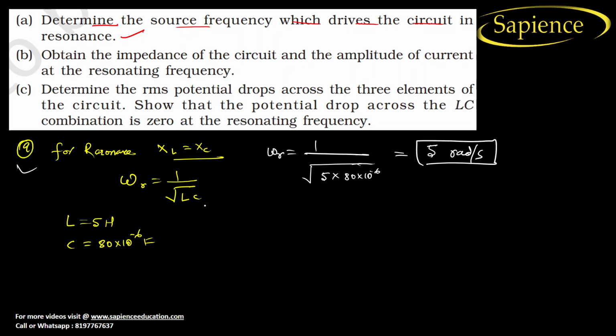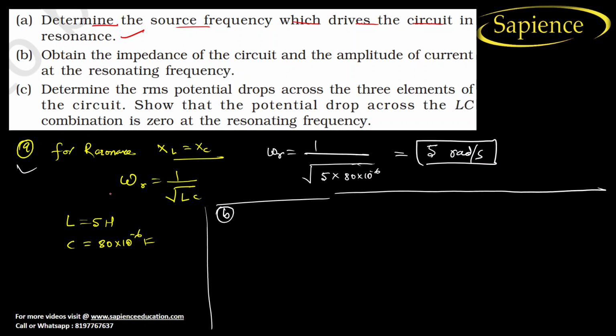Now let us solve the next part, that is part B. In part B, they have told you to obtain the impedance of the circuit and the amplitude of the current at that resonating frequency. Impedance means Z, and Z we know is root under R square plus XL minus XC whole square.